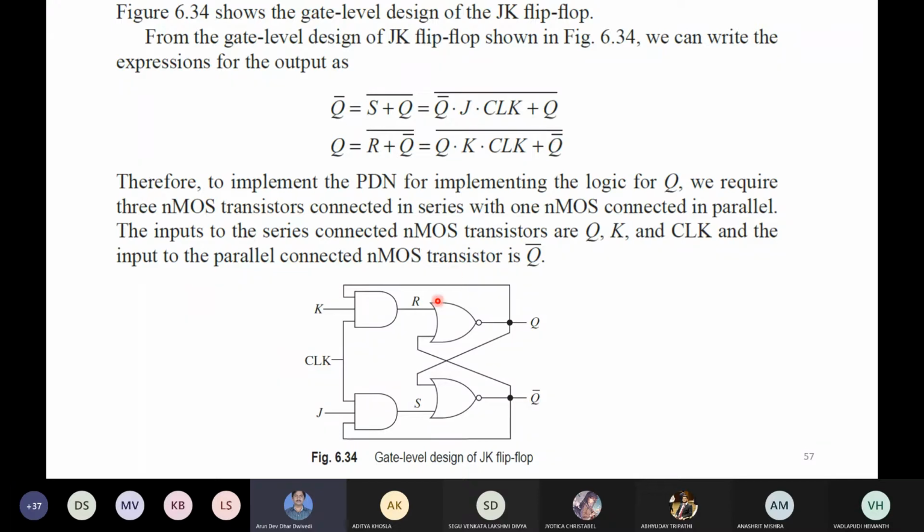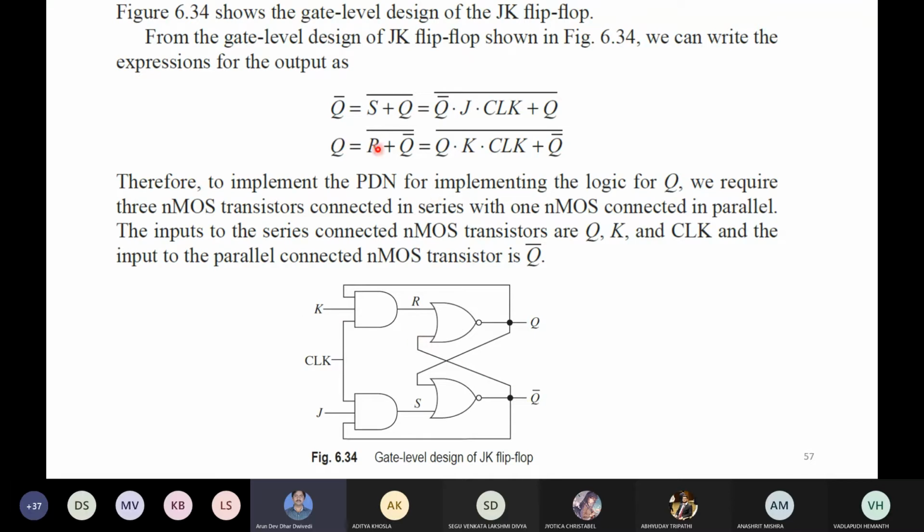Whatever you are giving as input to this NOR gate, it is basically this R, coming as an AND function of Q, K and clock, and in parallel there is another input, that is Q bar.